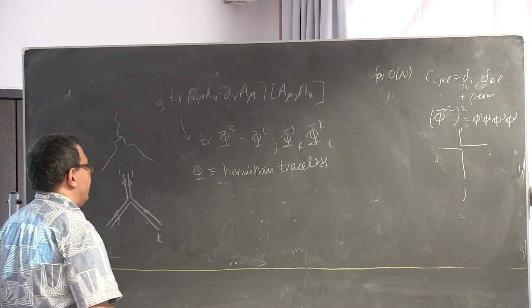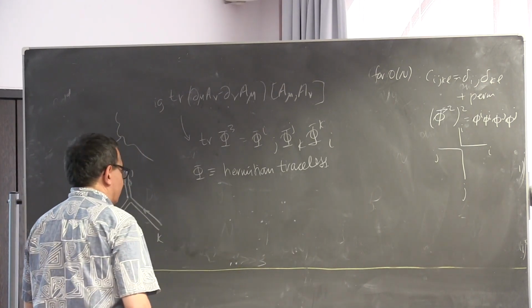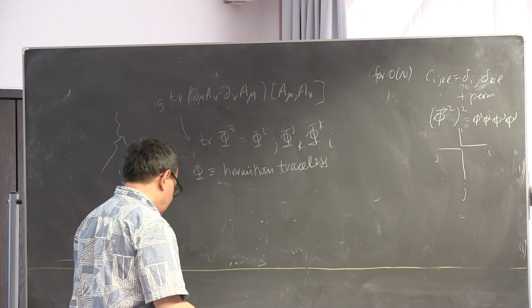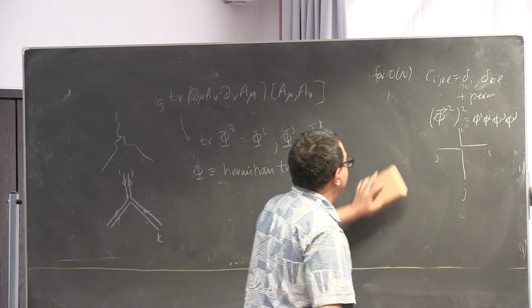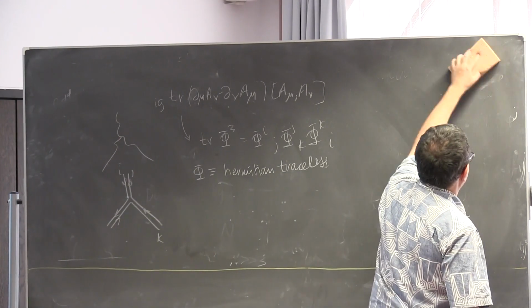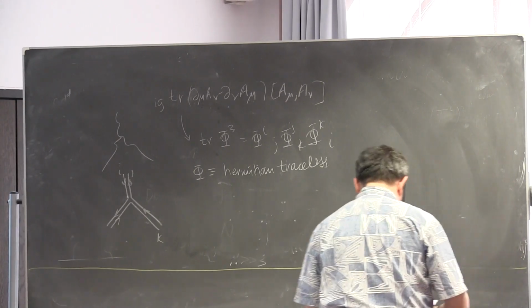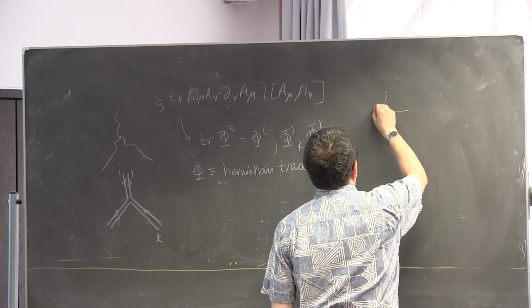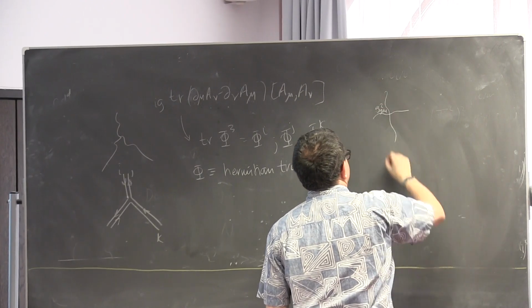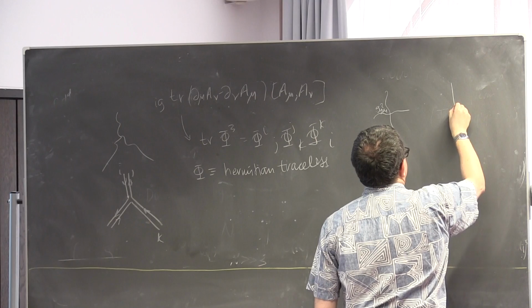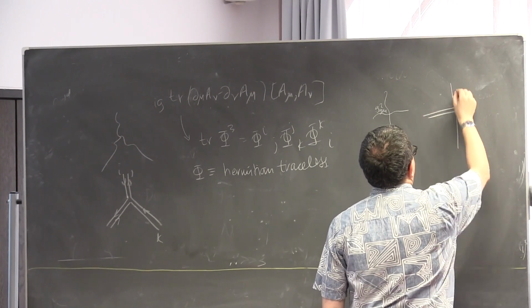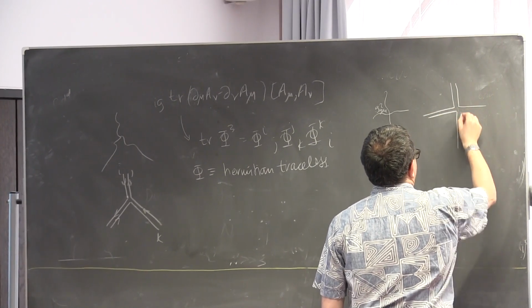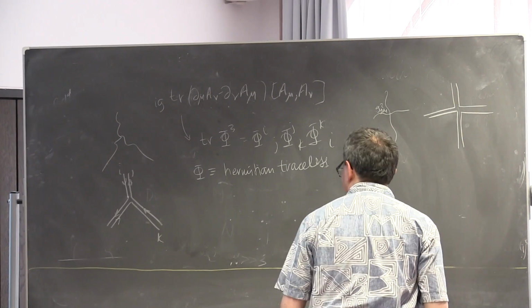Okay, and then similarly, as an exercise, you can also write down this one. For example, this is the g Yang-Mills squared term, and this can be written as this one with some specific orientations.